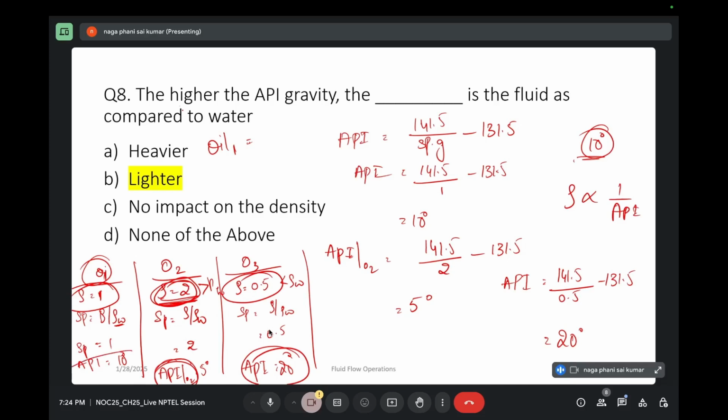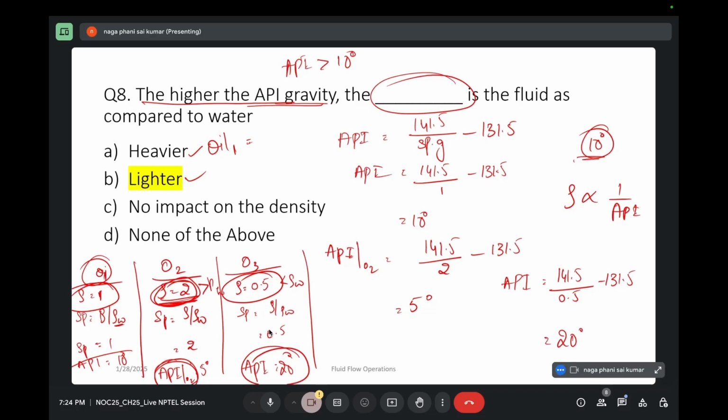So in this case, if the API gravity is higher, let's say greater than 10, what will be the nature of the liquid? Is it heavier or lighter than water? Lighter. It will be lighter. So you understood the concept, right?